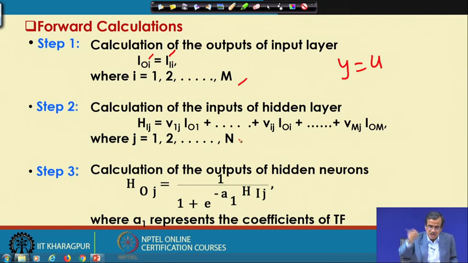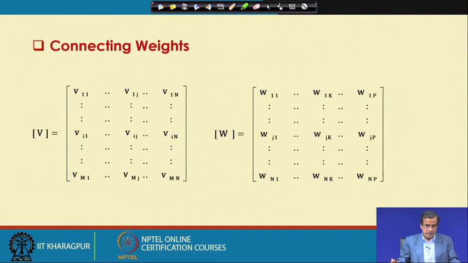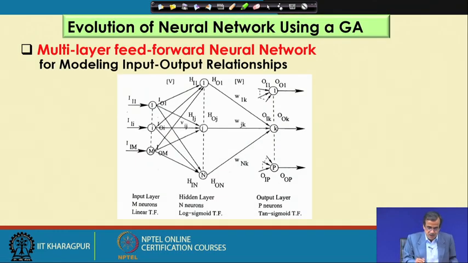Now, let us try to see this from the diagram. I am just going to find out what this h_Ij is. We have already got this particular output.